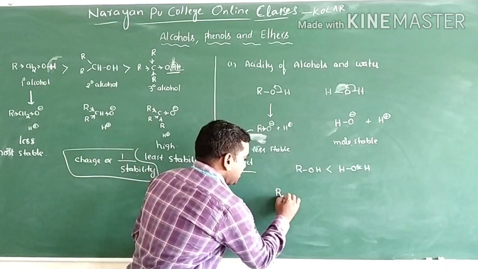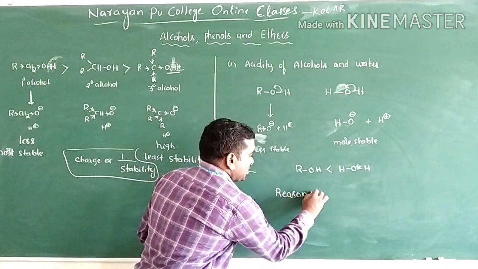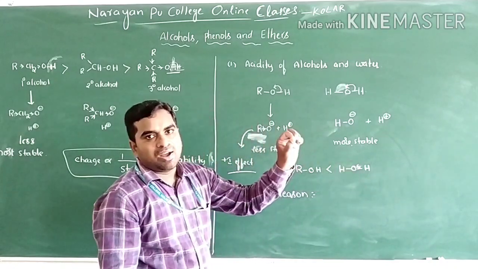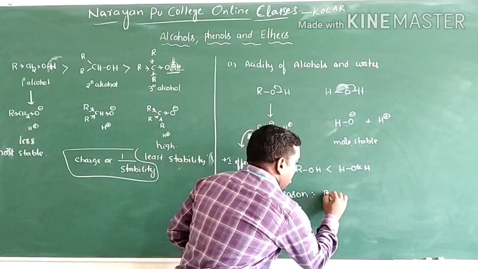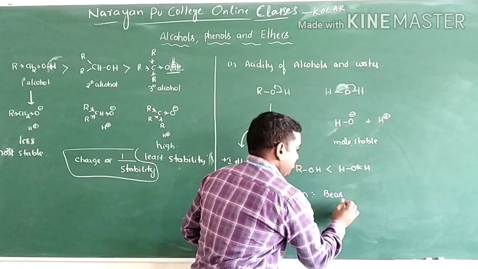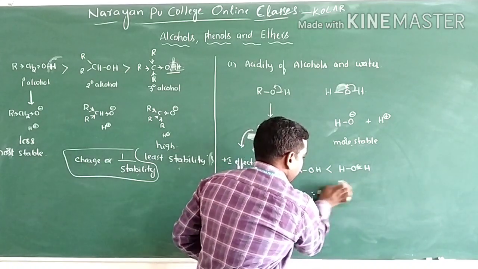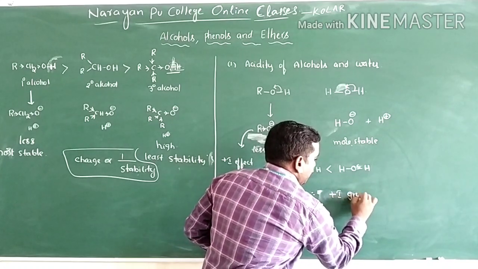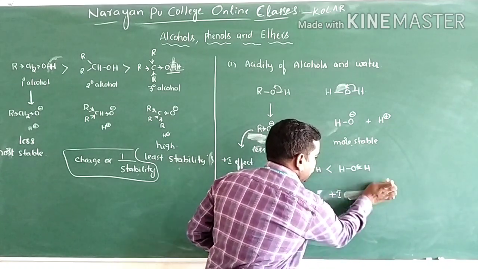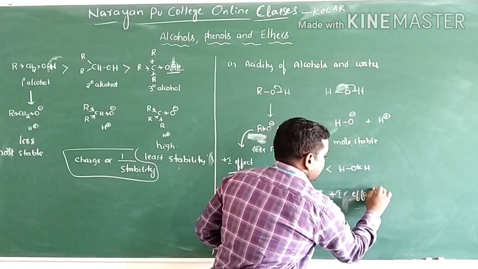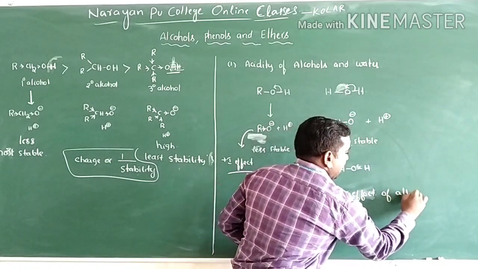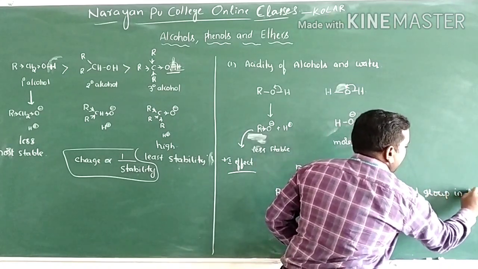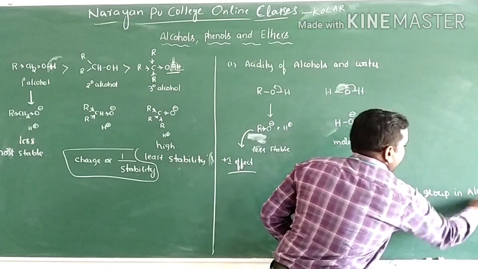What is the reason here? Sometimes in the PU examination they ask why alcohols are less acidic than water, because of the plus I effect of the alkyl group in the alcohol.